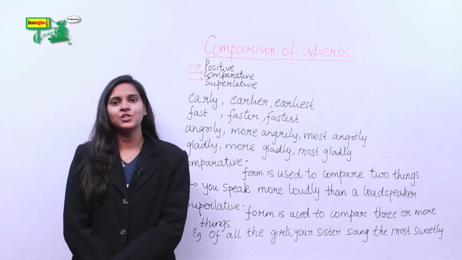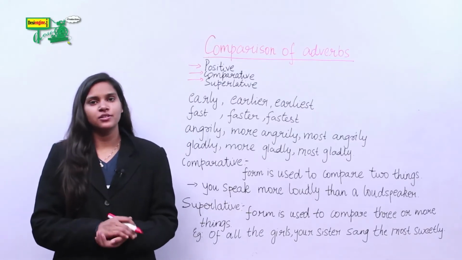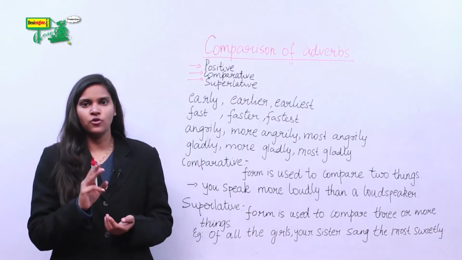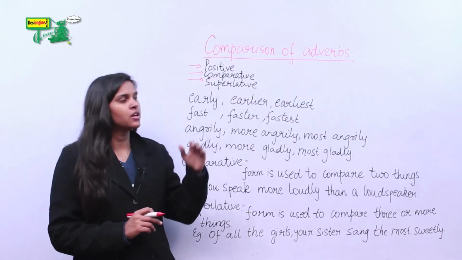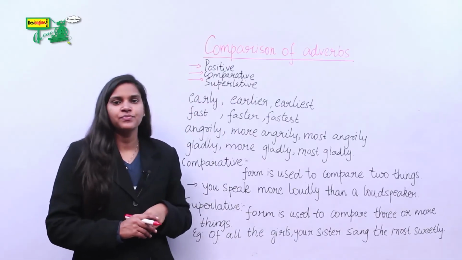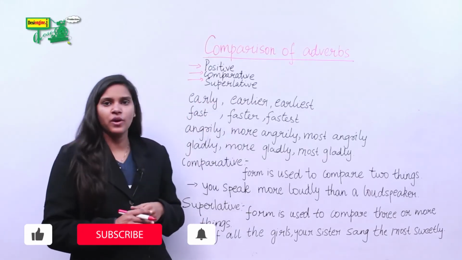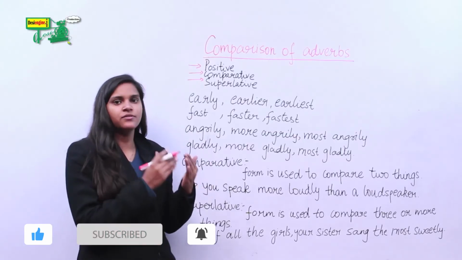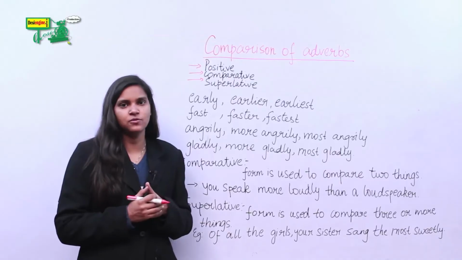Hello friends. Today we are going to learn the comparison of adverbs. Adverbs take up 3 forms: positive, comparative, and superlative. I've listed a few examples of adverbs in their positive, comparative, and superlative forms.